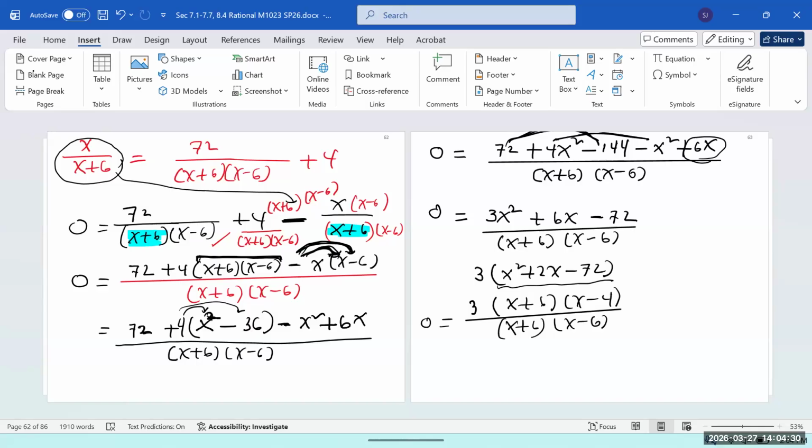And then what do you see? Did I make a mistake? Yeah. Oh, this is 24, sorry. When I factor out the 3, it becomes 24. Good catch.